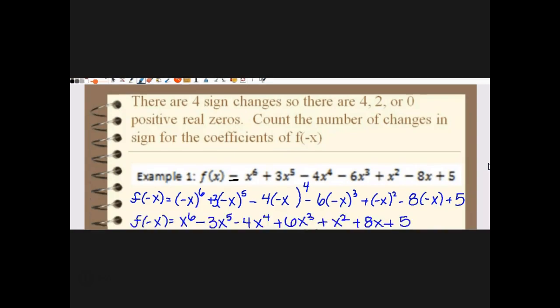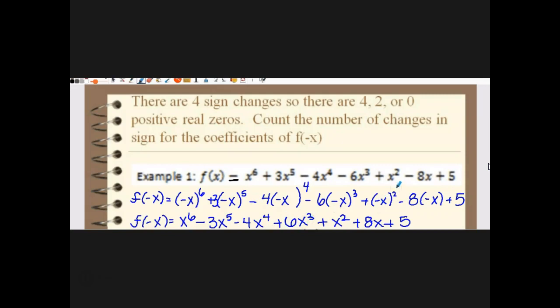So cleaning that up, negative x to the 6th is positive x to the 6th. Negative x to the 5th stays negative times a positive, so it's negative 3x to the 5th. Negative x to the 4th just becomes positive, so the negative 4x stays. Negative times a negative became a positive 6x cubed.